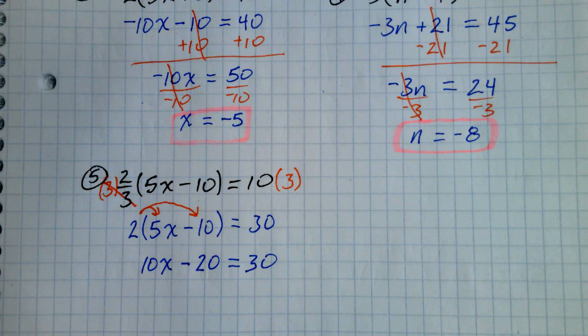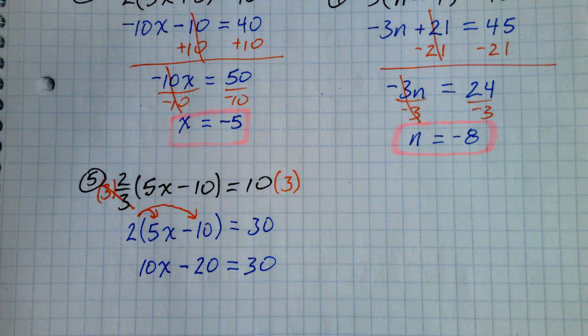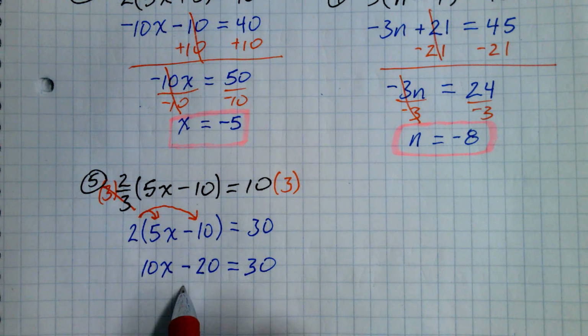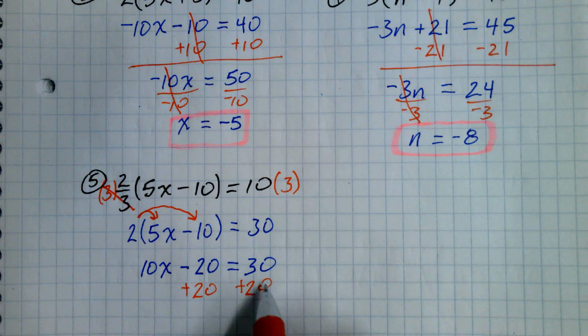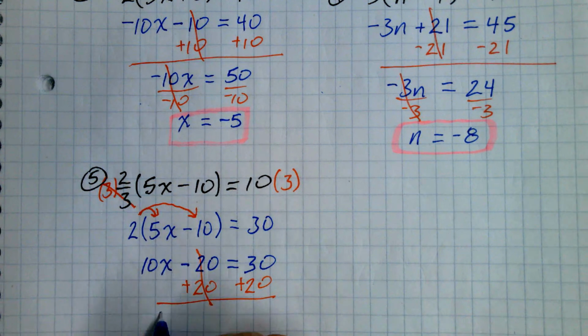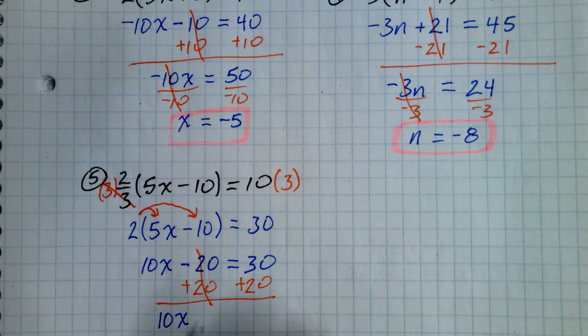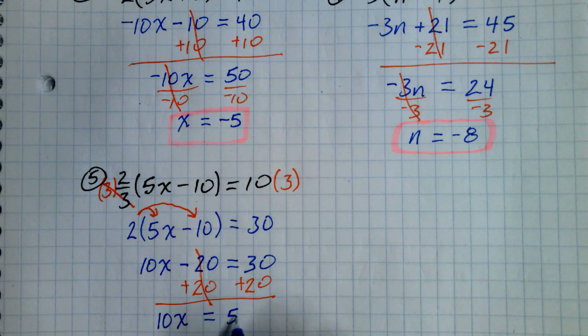Okay, and lucky for us, we don't have to deal with anything else there. Let's go ahead and add 20. We get 10x equals 50.